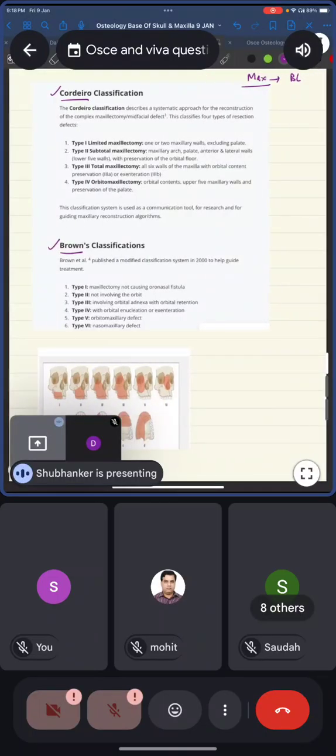Now, can somebody unmute and tell me what were the classifications used for the mandibular defect? Last class's topic. Just the name I'm asking, no details. Think, does anything come to mind?